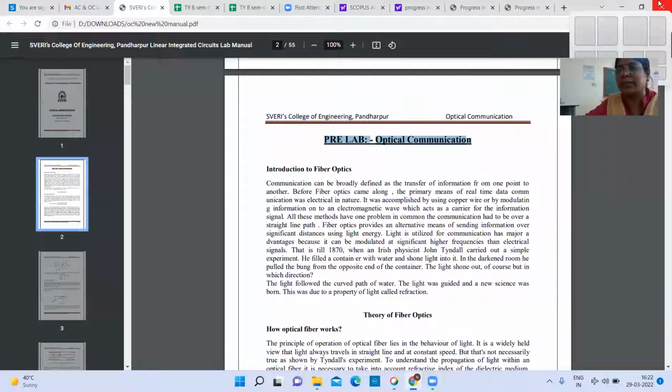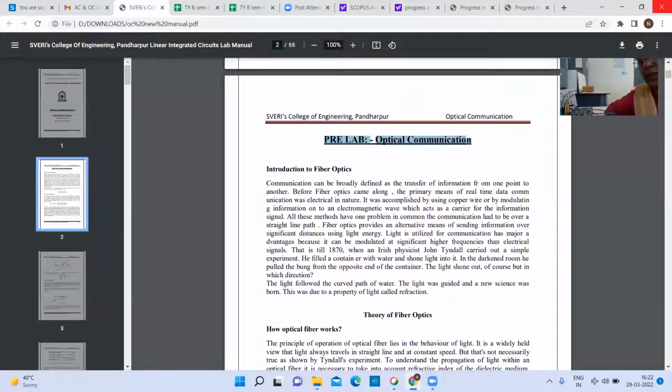That concept is given in the pre-lab. And here I am trying to show you the kit. You just check how properly it is visible. So this is the practical kit on which we are going to perform the optical communication practicals. Pre-lab is the introductory part which is required to be understood by the students.